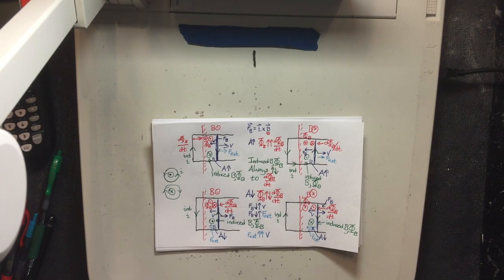Like last class, we had two formulas: the current, which is BLV over R, and the force, which is B squared L squared V over R. The BLV over R is the current. The B squared L squared V over R is the force.